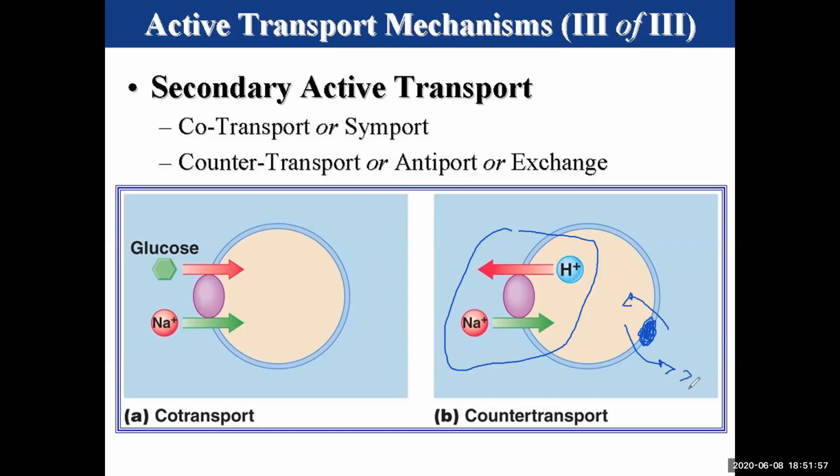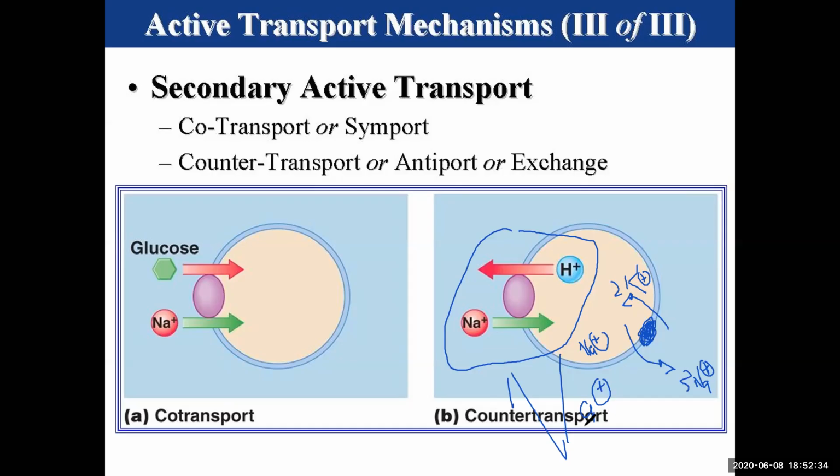So again, 3 sodium out, and the sodium potassium pump uses energy to bring in 2 potassium. So you have a small sodium concentration inside the cell, a humongous sodium concentration outside the cell. That gradient is set at the expense of ATP consumption by the sodium potassium pump.